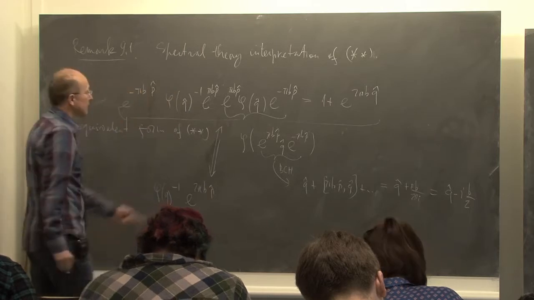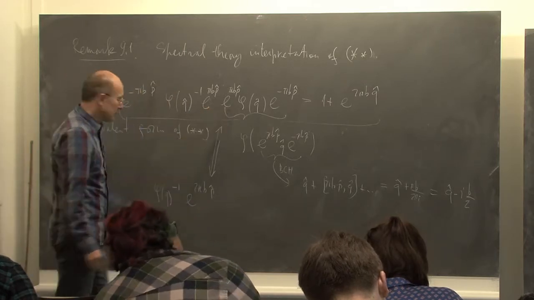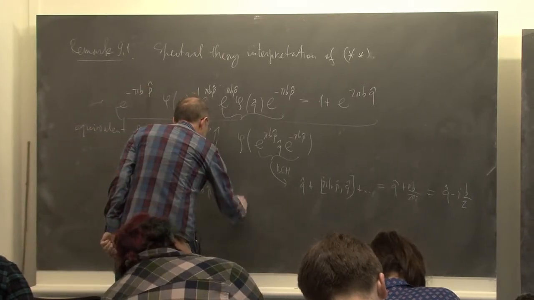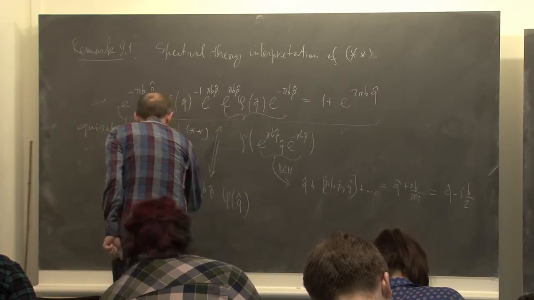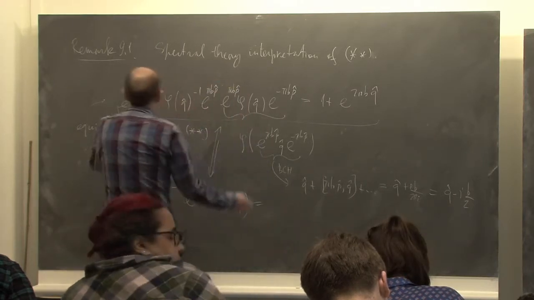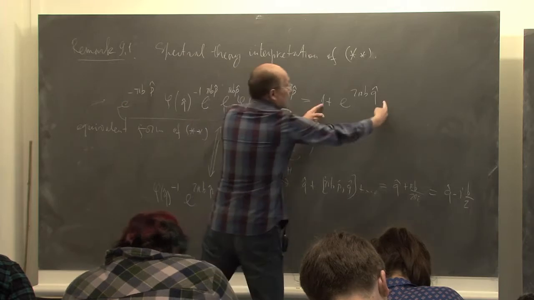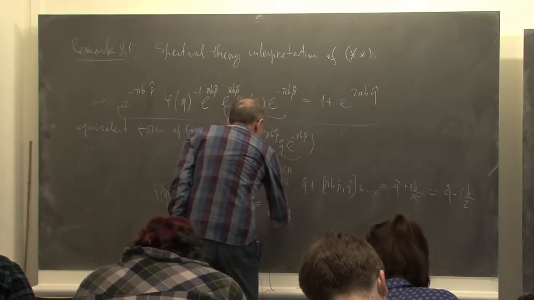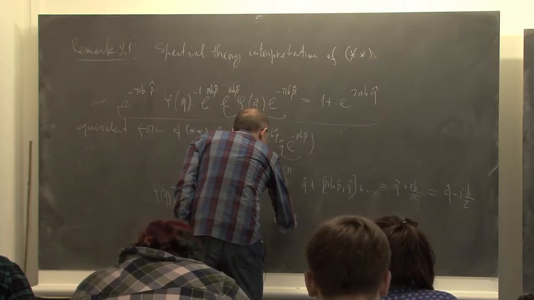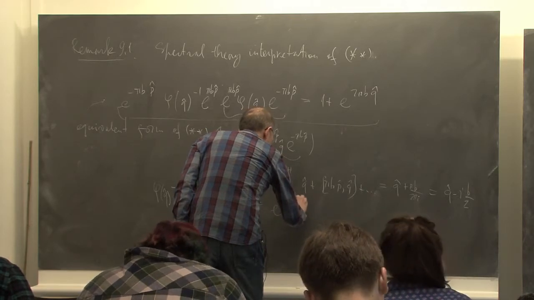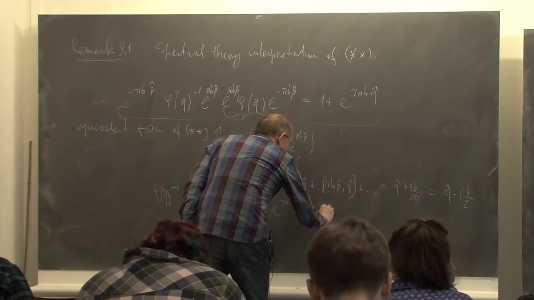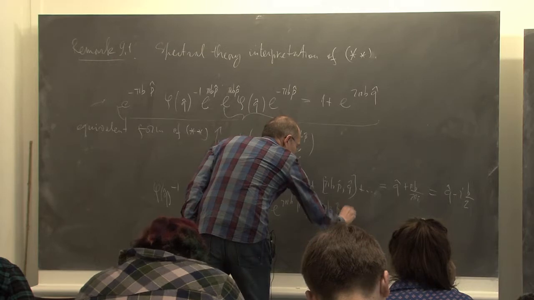So I collect back these two guys together. Phi of q, and this guy goes back to here. So the result will be e 2 pi b p plus e 2 pi b p plus q.